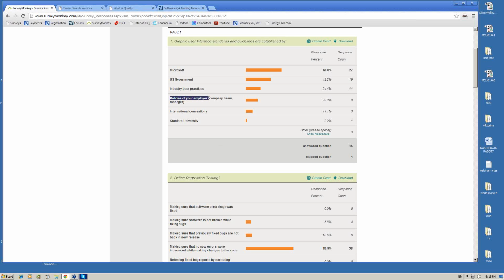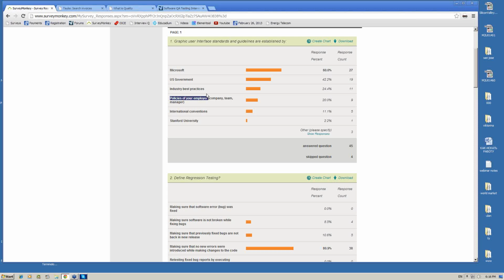Policies of your employer. You might get a job with a 6-month-old startup, and that startup is waiting for financing to come. In 3 months, they either get money or they get out of business. Now, they don't care about GUI, guys, believe it or not, because the product is not going to customers yet much.